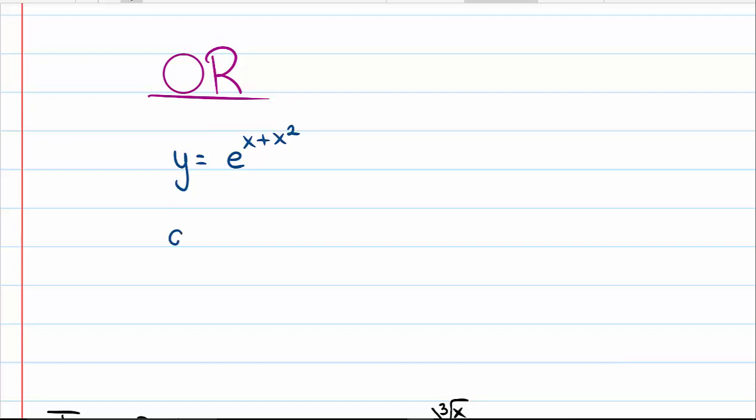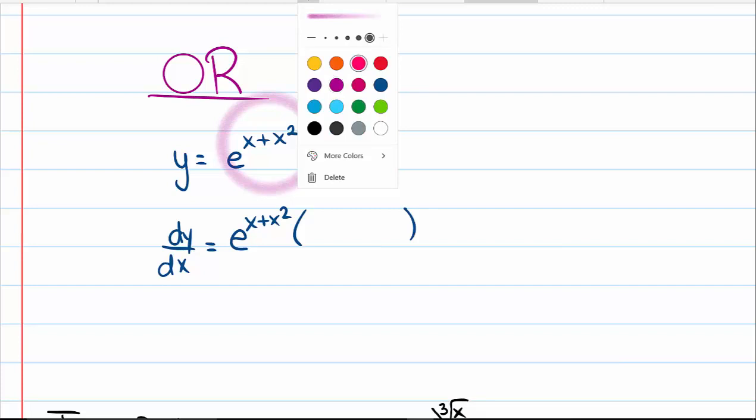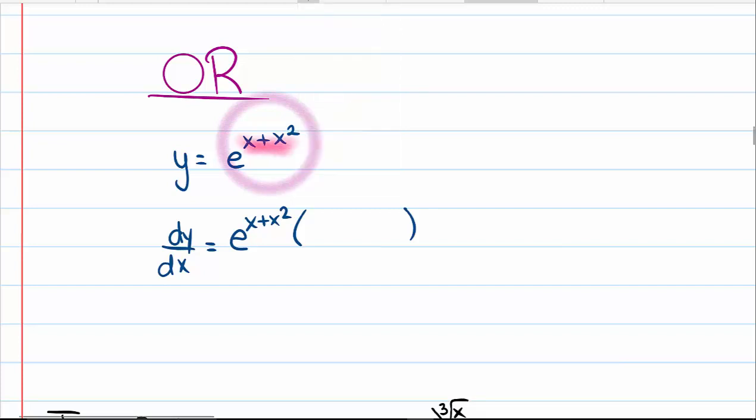So when we take dy/dx, it's the whole function, e to the power of x plus x squared times this stuff right here. So again, it's e to the power of whatever was there times the stuff right here.